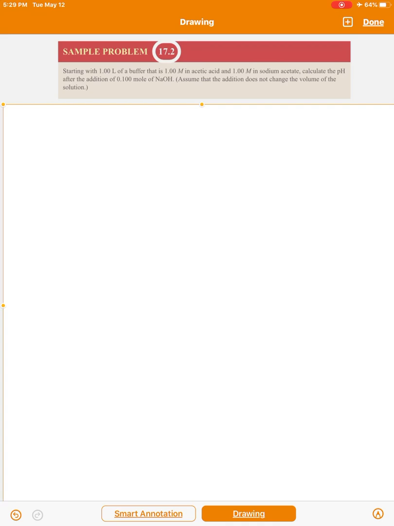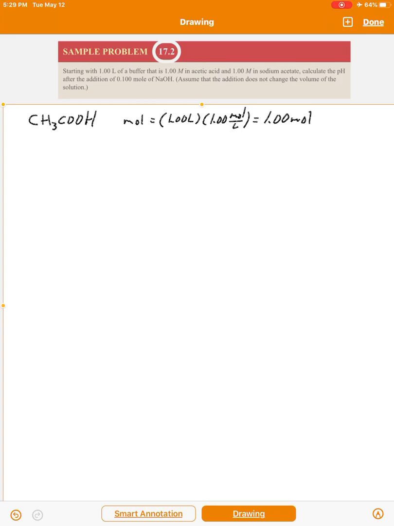So we have a buffer, we have acetic acid, and I'm going to go ahead and calculate the number of moles. The number of moles of acetic acid would be, well, the volume is a liter, and the molarity is 1.00 moles per liter. So that's 1 mole.